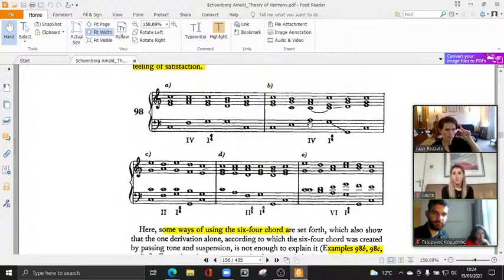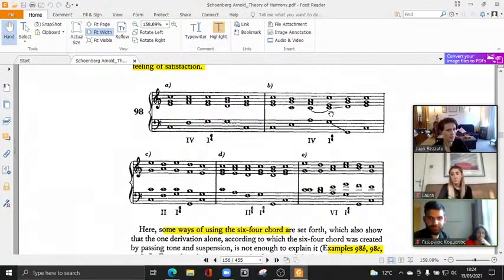But this is not all. Look at the C, and your jaw is going to drop, Georgios. The C doesn't go to the B. First of all, the G is not doubled.